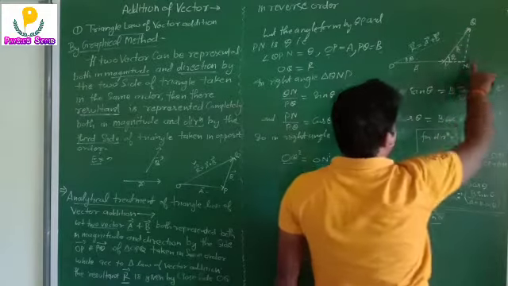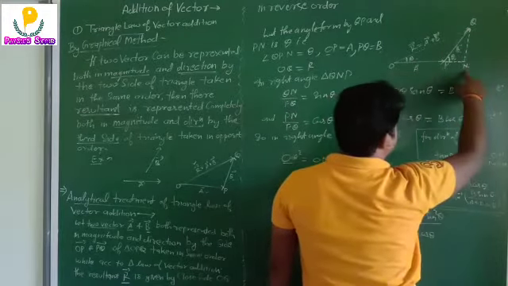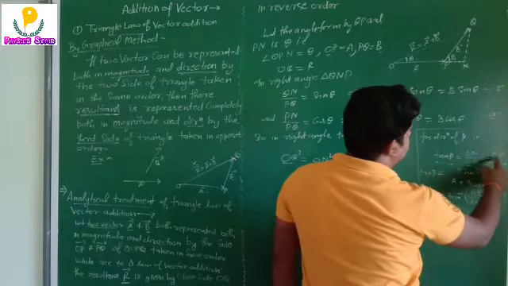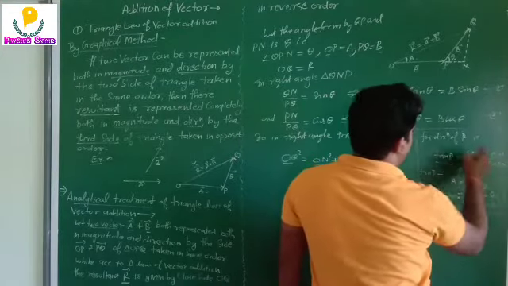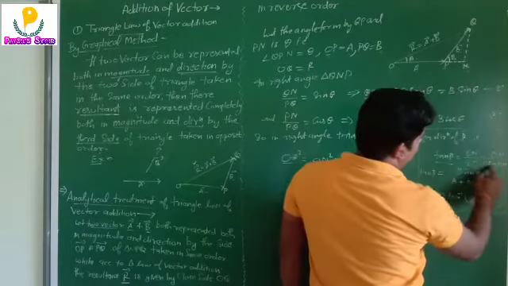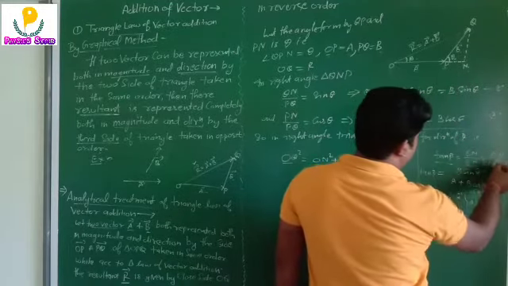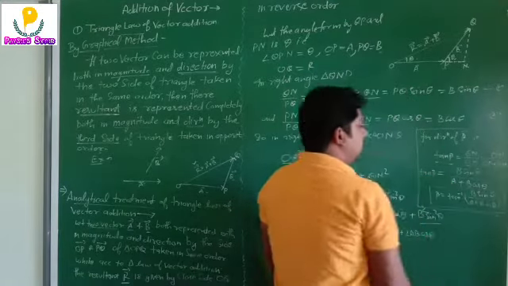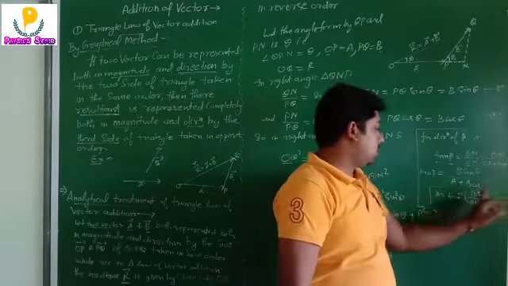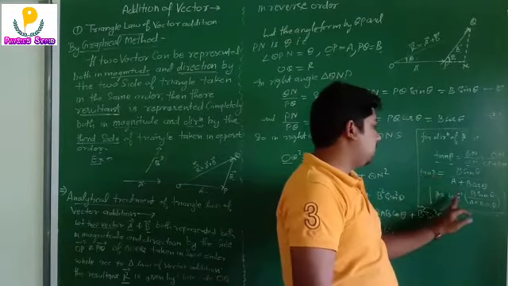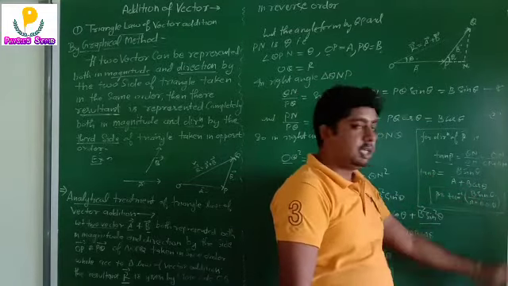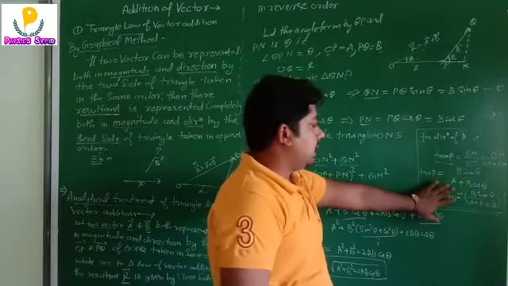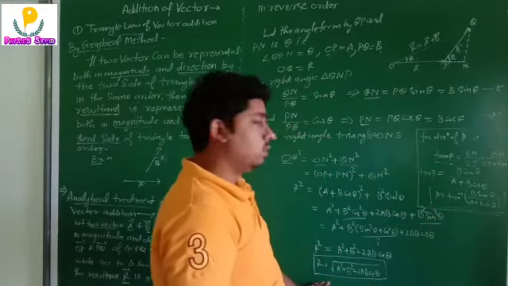So perpendicular is QN and base is ON, so we have written QN upon ON, which is QN upon OP plus PN. Putting the values of QN, OP and PN, we have tan beta is equal to B sin theta upon A plus B cos theta. So from here, beta is equal to tan inverse of B sin theta upon A plus B cos theta. Okay, so this is the direction and this is the magnitude.